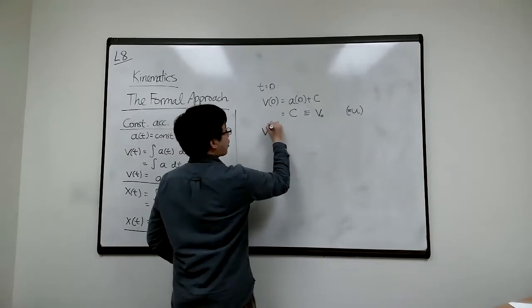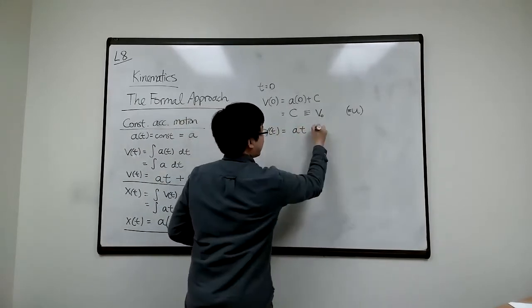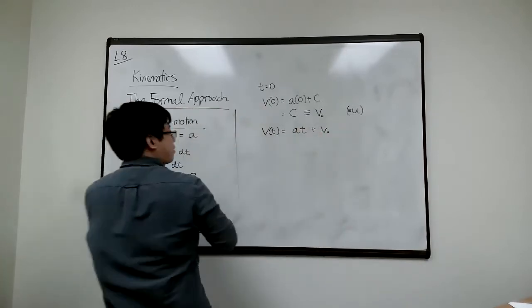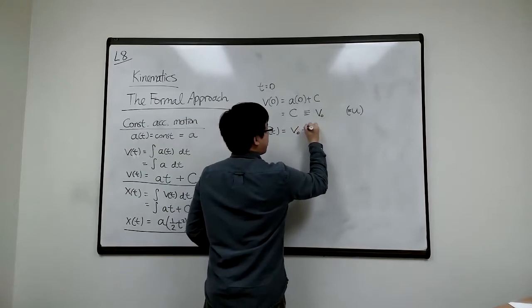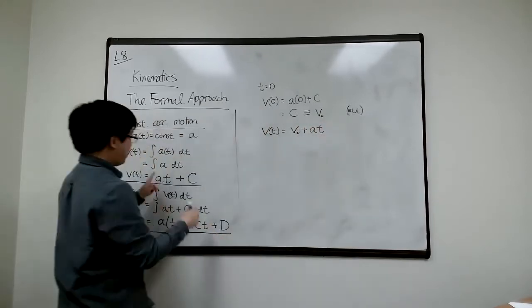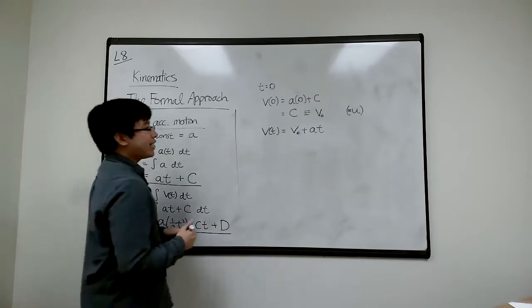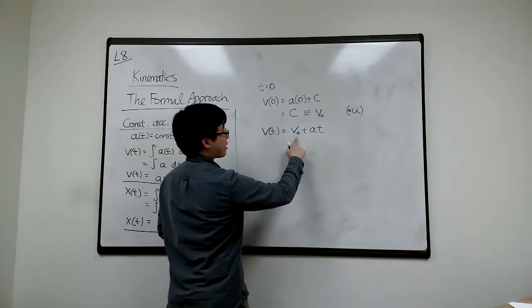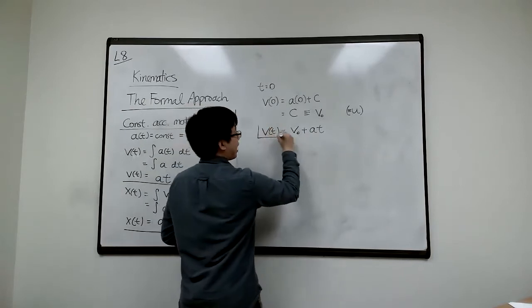So I have a more complete understanding now, plus v naught. In fact, let me write it the other way around. Write it as v naught plus at, like this. So just swap it around. That's how the books usually write it, right? All right, and so that's the initial velocity. You can plug in the time and you'll know the velocity whatever time it is.